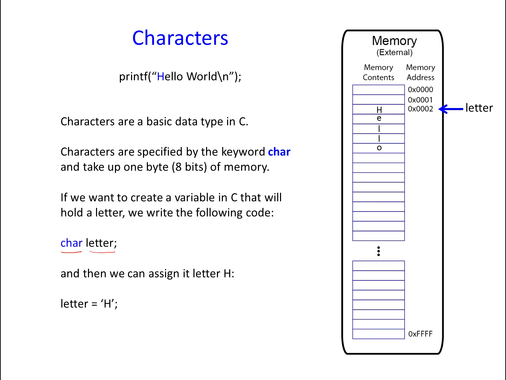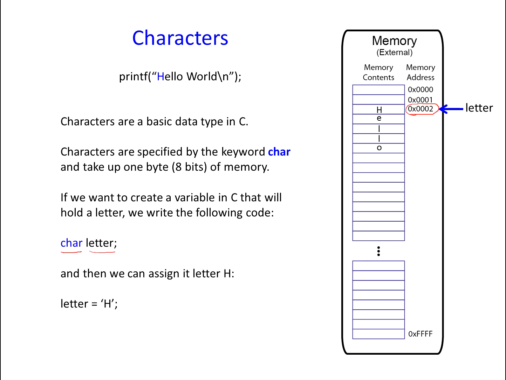Now in our code, rather than having to remember where in memory this is stored, we can just remember the variable name letter. However, if we go over here into the memory map, let's say for argument's sake that letter is placed here at memory location 2.